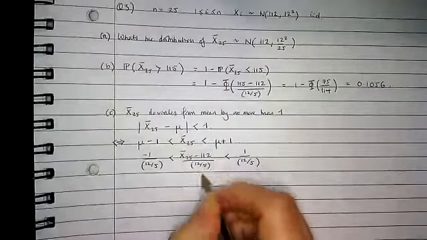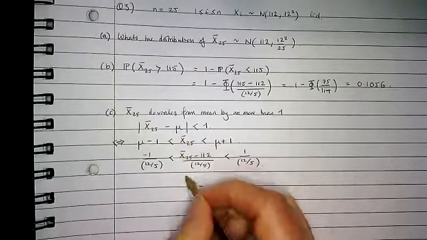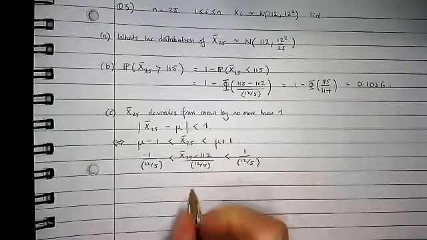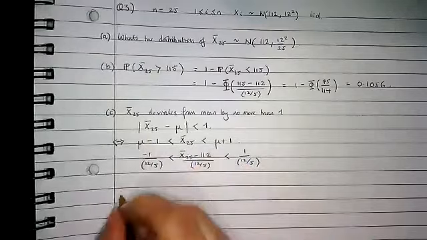Okay. Now I know that this random variable in the middle here is normally distributed with parameters 0 and 1. So I can write the probability of this guy.